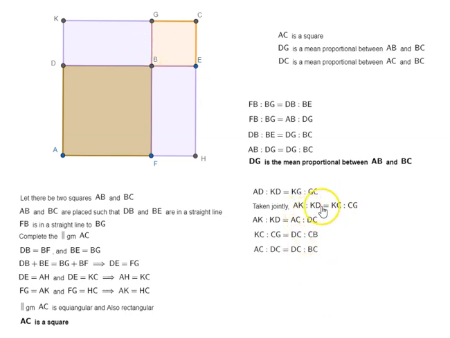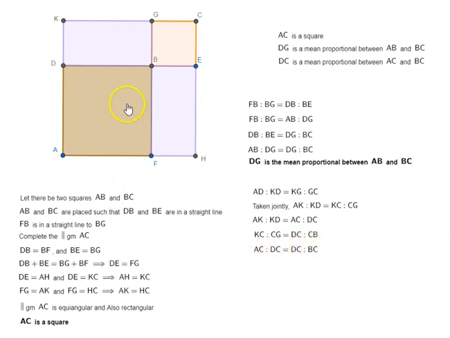We can write this proportionality AK is to KD is equal to KC is to CG as a proportionality AC is to DC is equal to DC is to BC. Why? Because AK is to KD is equal to AC is to DC. So we substitute. Similarly, KC is to CG is equal to DC is to CB.